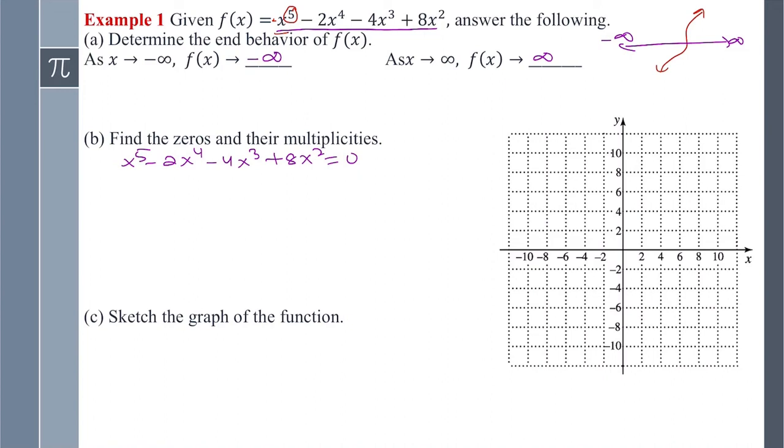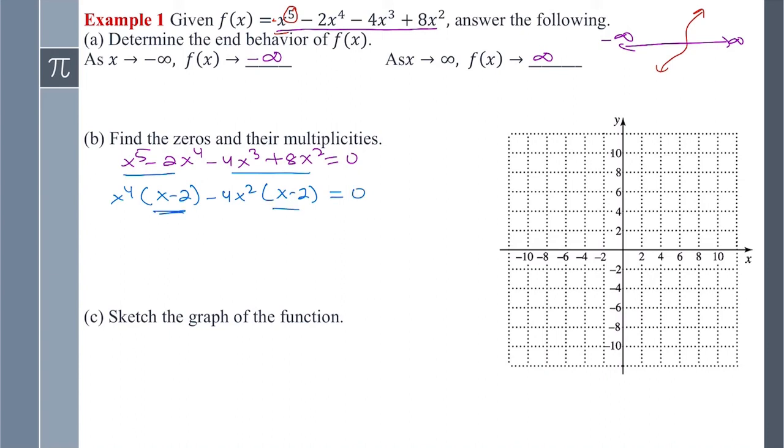Now we can factor this by grouping. We'll group these two together and these two together. From here we can factor out x to the fourth, and that gives us x minus 2. And from here we can factor out 4x squared, and that gives us x minus 2.